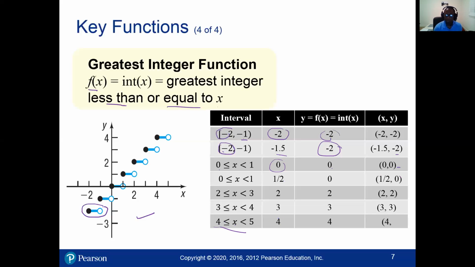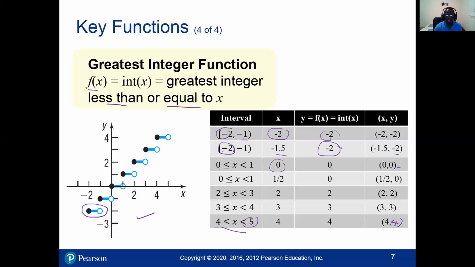If x is positive 4, y is the greatest integer that is less than or equal to 4. That value is 4, because 5 is not part of that interval. So this point is (4, 4). Now, how do we get this into the graph?